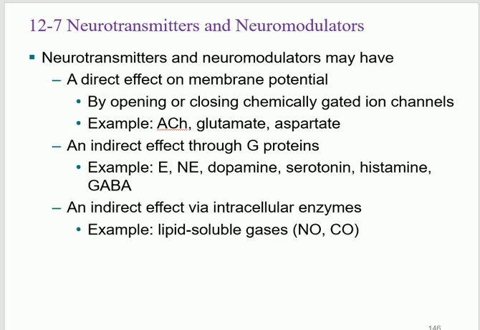Epi means above. Nephron means kidney. Ad means above. Renal means kidney. It's the same thing because it comes from the gland above the kidney. Adrenaline, epinephrine, same thing. It's released from the gland above the kidney. That's why it's the same name.